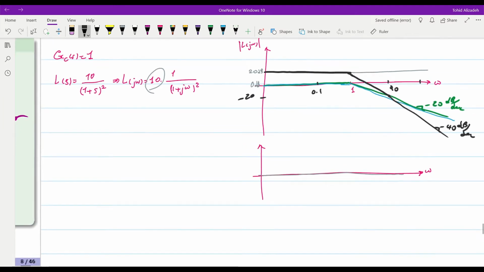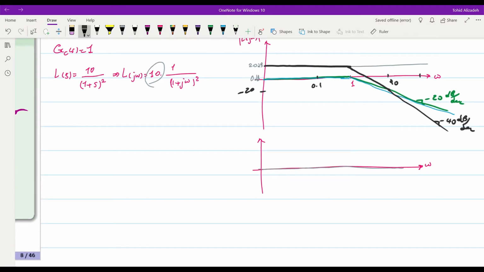In terms of the phase, for each of those 2 poles that we have, at omega equal to 1, we will have minus pi over 4. 1 decade afterwards, we will reach minus pi over 2. 1 decade before, we will have almost 0. So this will be the approximate phase for one component.